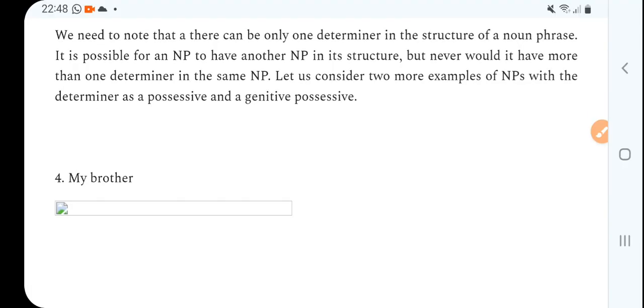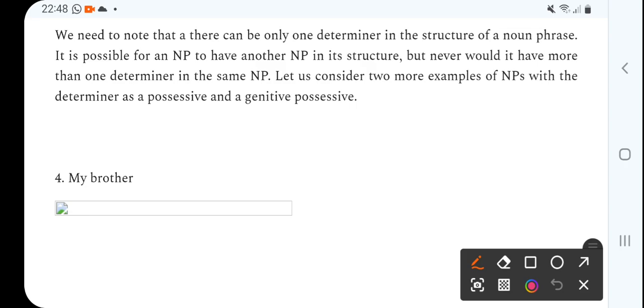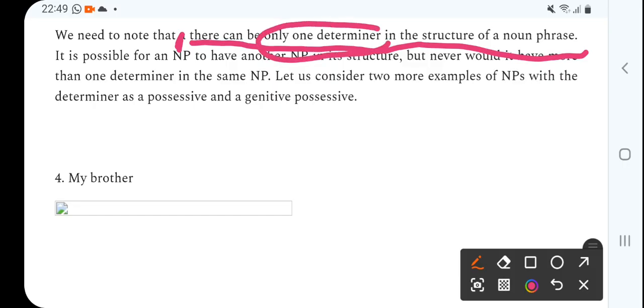We need to know that there can be only one determiner in the structure of a noun phrase. Very important. Only one determiner in the noun phrase.